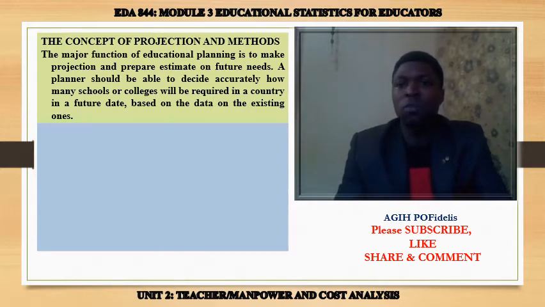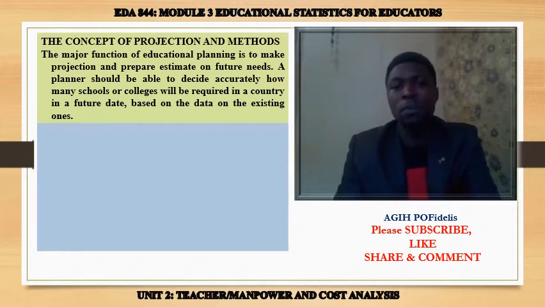He should be able to determine how many school buildings may have to be built or replaced and the likely cost in the future. To do all this, there are skills and methods he must adopt as a planner. We are going to discuss the methods of projection here.